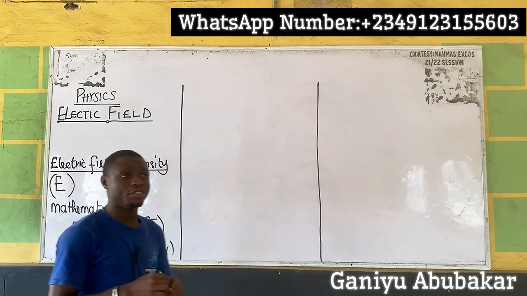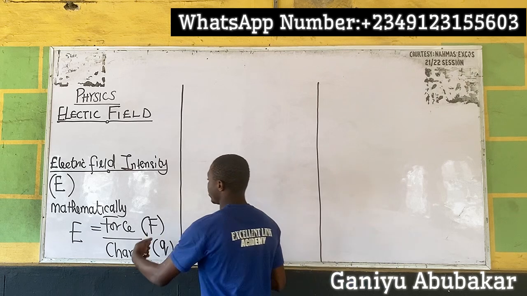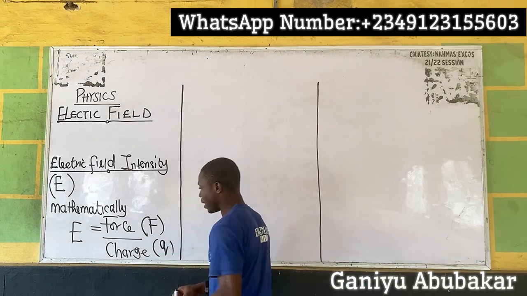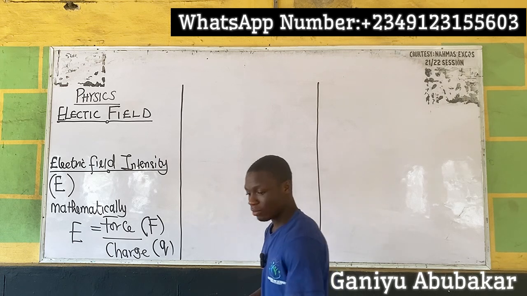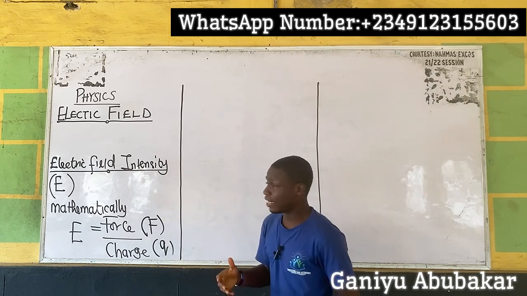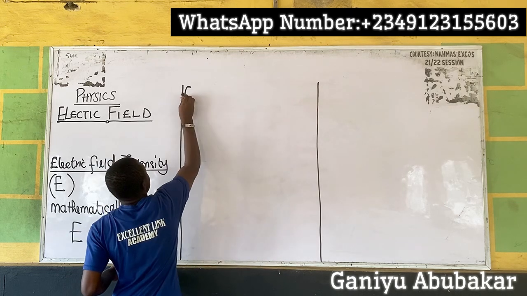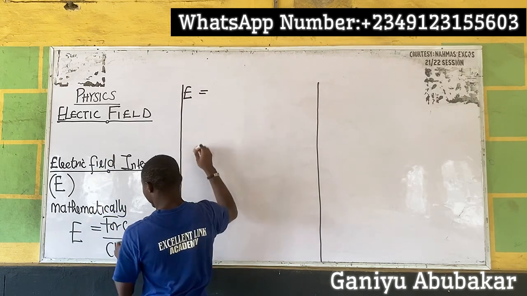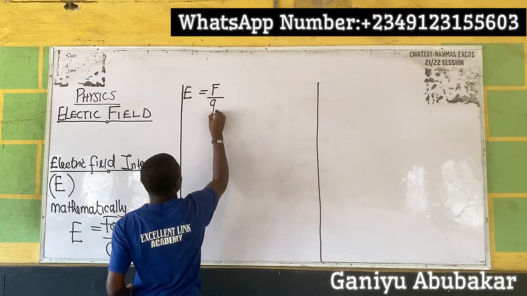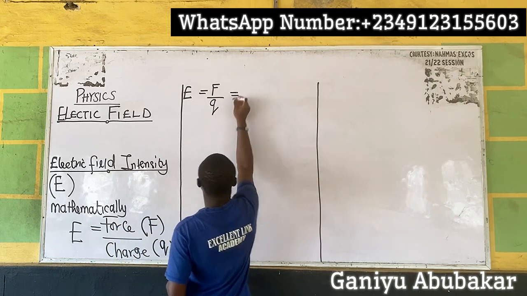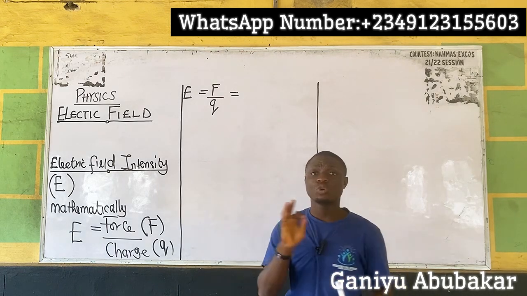Let's get the SI unit for electric field intensity. From this expression here, we just emphasized that this capital E, which signifies electric field intensity, is equal to force, that's F, all over charge, that's Q. From this concept, we know that force is measured in Newton and charge is measured in coulombs, right?